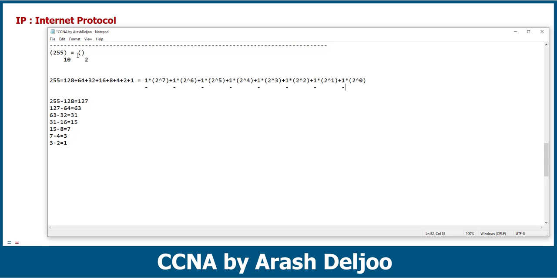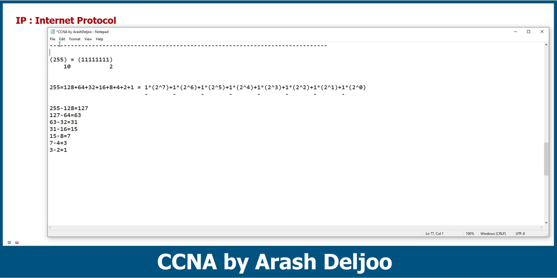This is the equivalent of 255 in binary, and this means that the biggest value that you can create with 8 bits is 255, and the lowest value with 8 bits is 0.